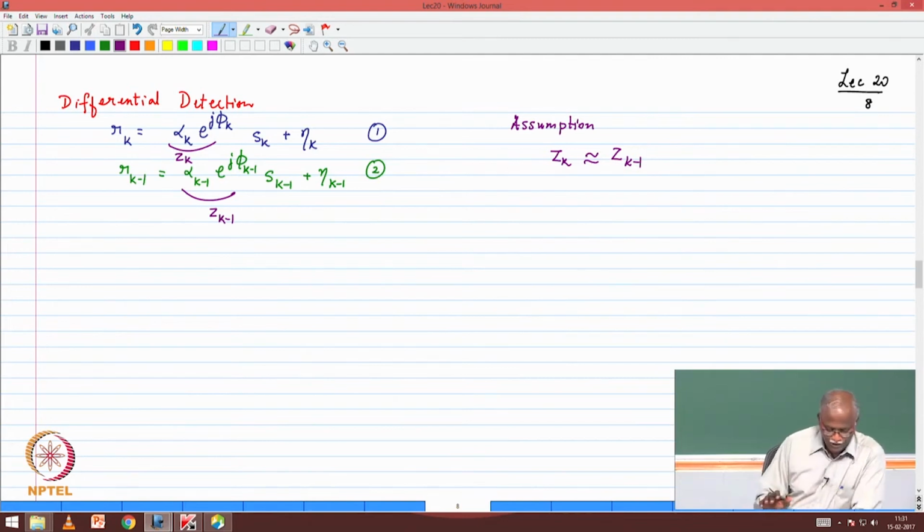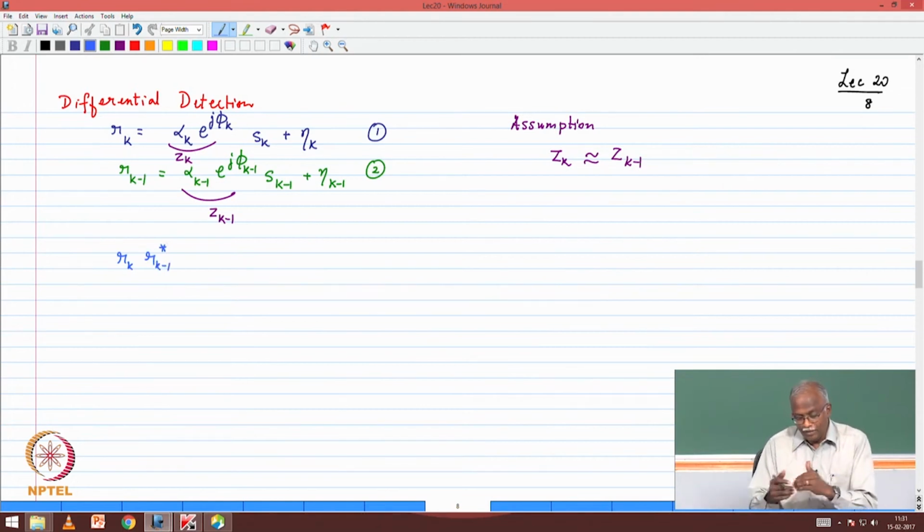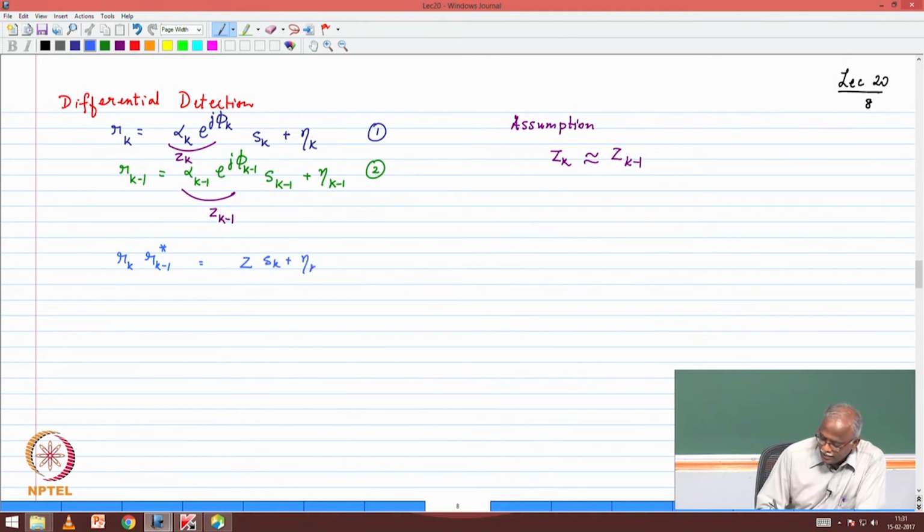Under this assumption, we do the following operation: we multiply the current received symbol with the conjugate of the previous received symbol, R_k R_{k-1}^*. If you write down the expressions, that will be z s_k plus eta_k. I've made the assumption that alpha_k and alpha_{k-1} are both represented by z.